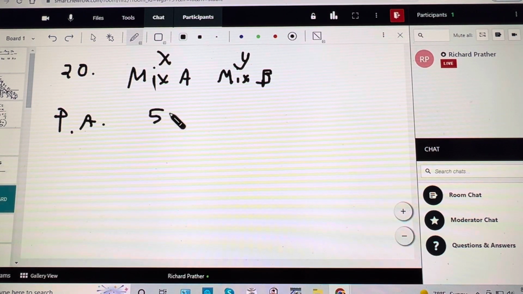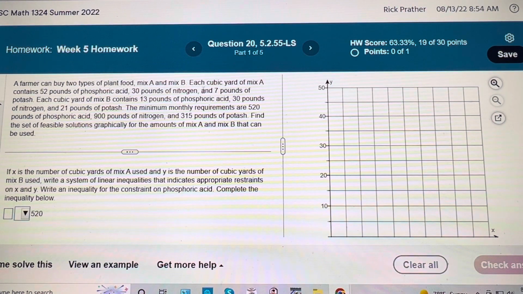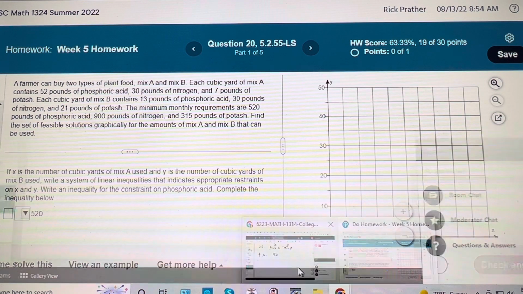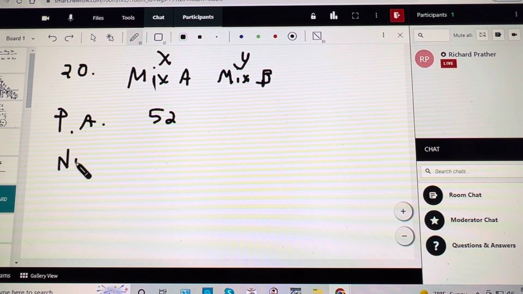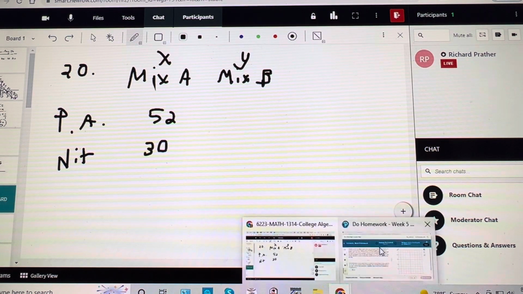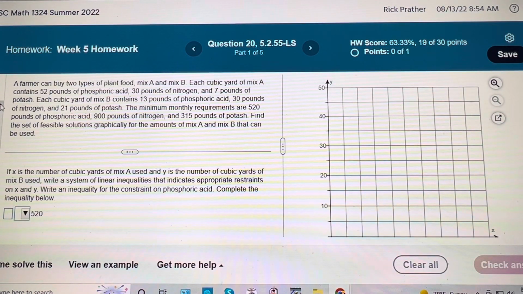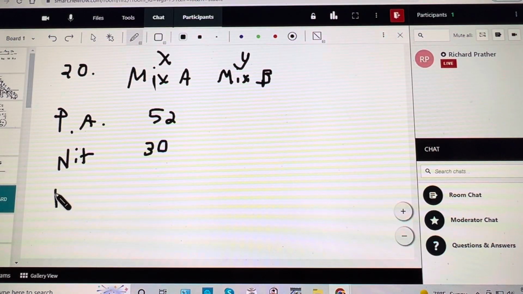There's 52 for each mix A. Each cubic yard of mix A has 52 of phosphoric acid, 30 of nitrogen. Nitrogen is 30. And 7 pounds of potash, whatever that is, potassium. I don't know if it's like potassium, but potash, whatever that is.